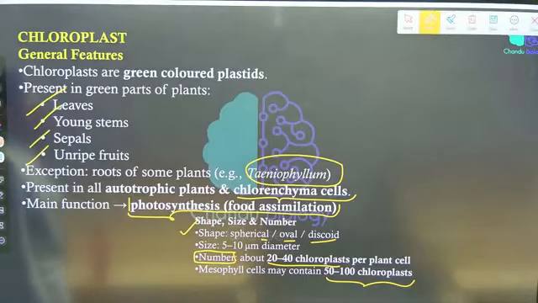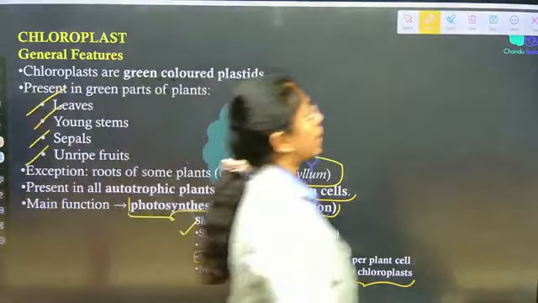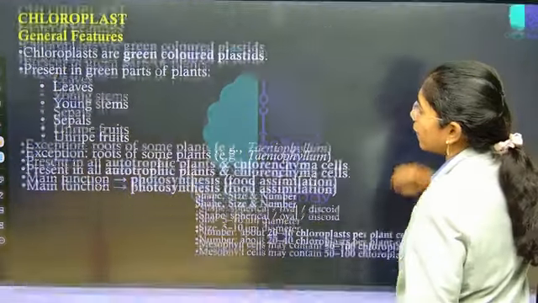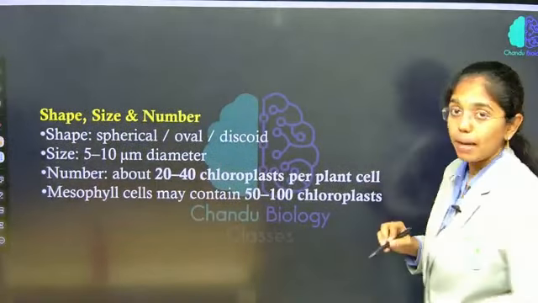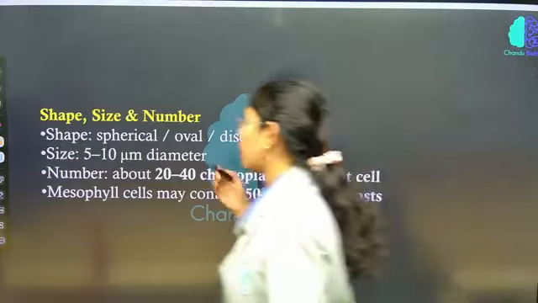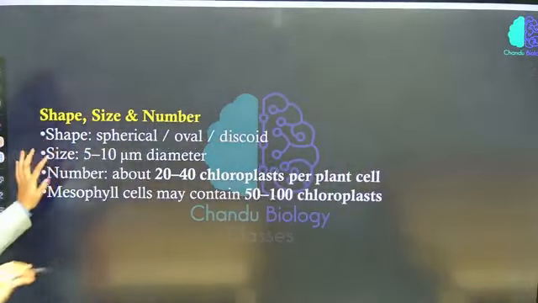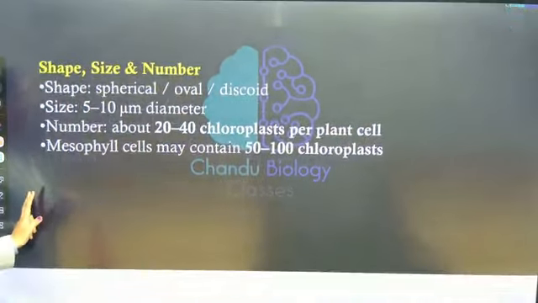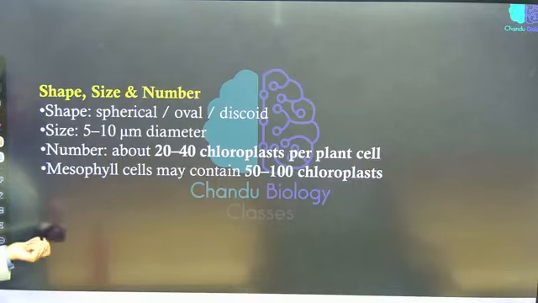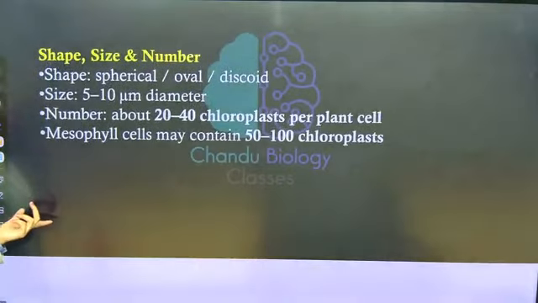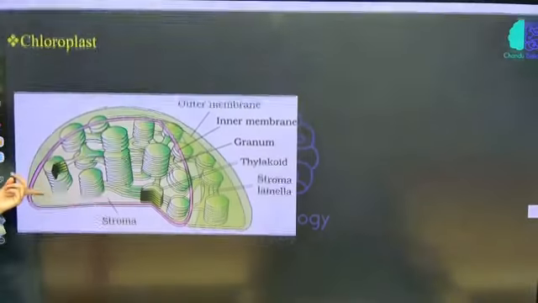Clear, right? The number of chloroplasts will vary: in a plant cell 20 to 40, but in some other cells like mesophyll cells it can be 50 to 100 chloroplasts.